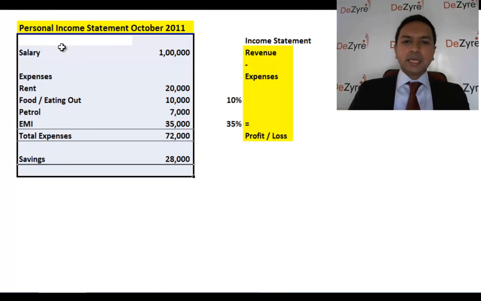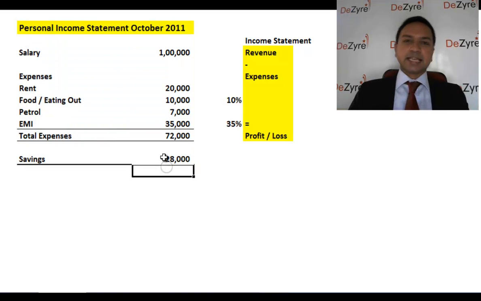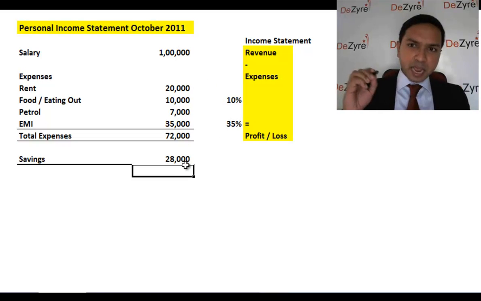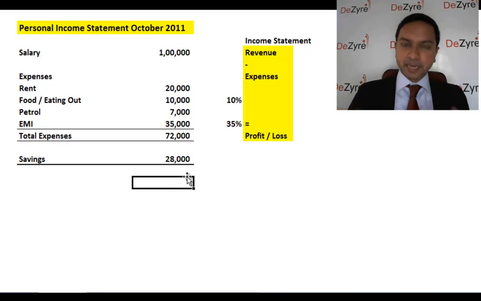To help you understand, to give you an intuitive feel of a balance sheet, let's go back to our example, this personal expense example. You remember back in our first session, I believe, we said it's a really good habit to keep your own personal statement of accounts where you write down every month what your salary is and how much you're spending.